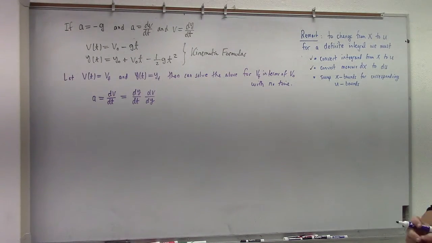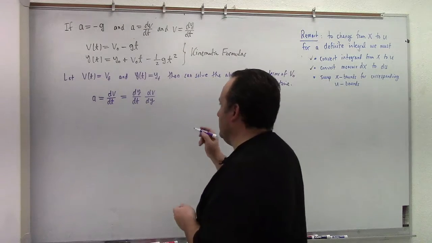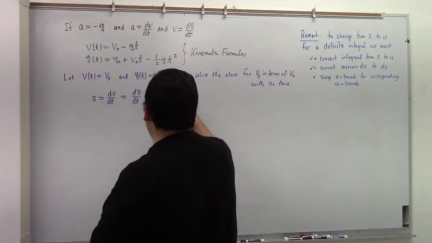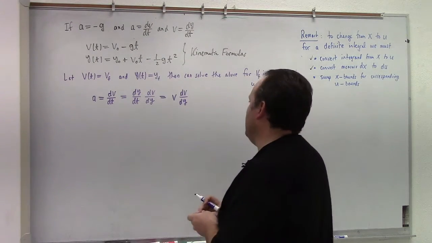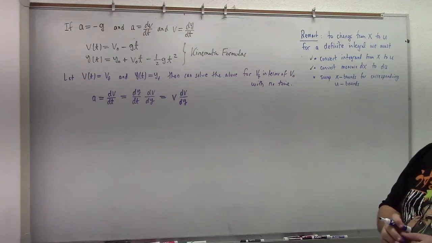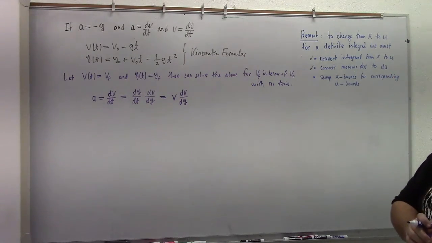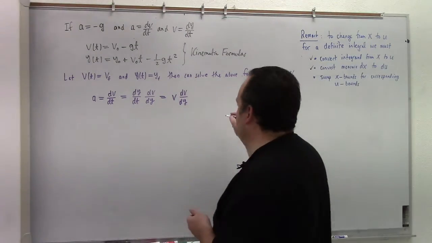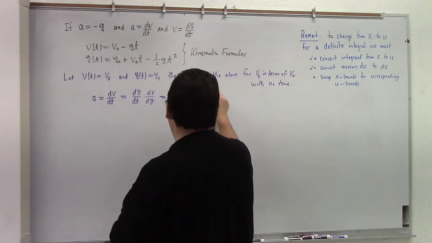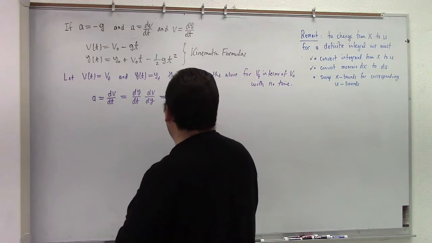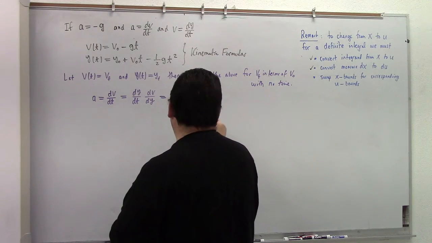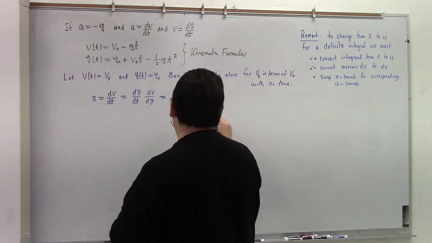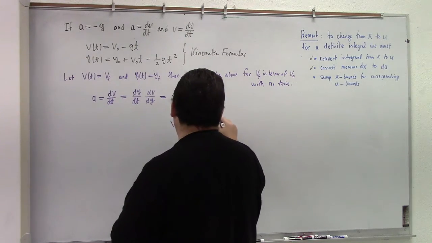All right, so this gives us v dv dy. So v dv dy is equal to a, but a is equal to, in this context, minus g, right? So if I look at this, this gives me v dv is equal to minus g dy.